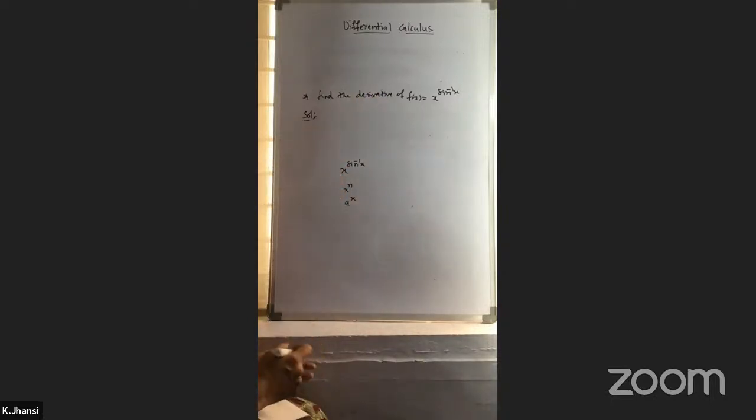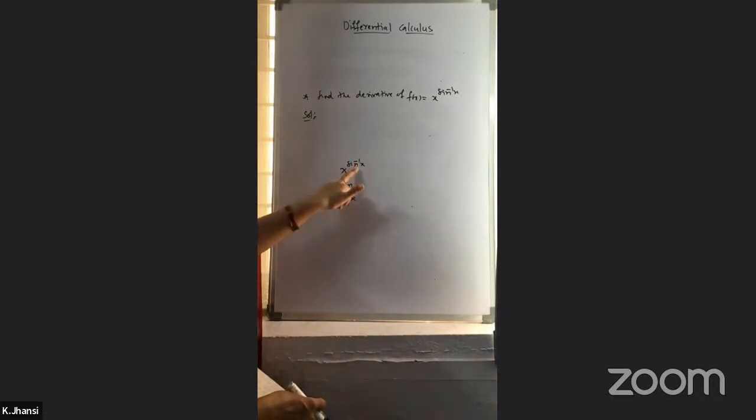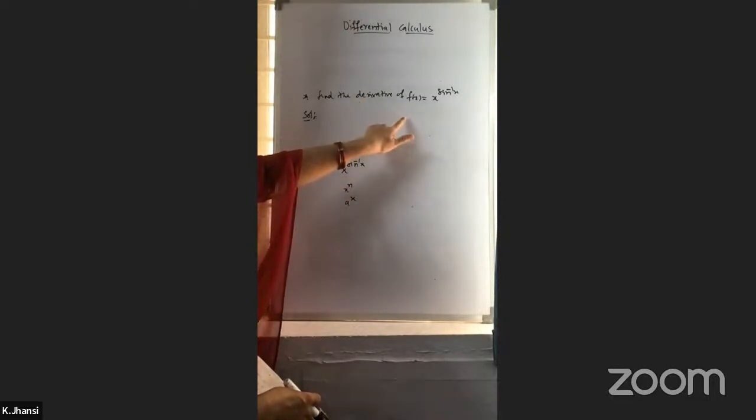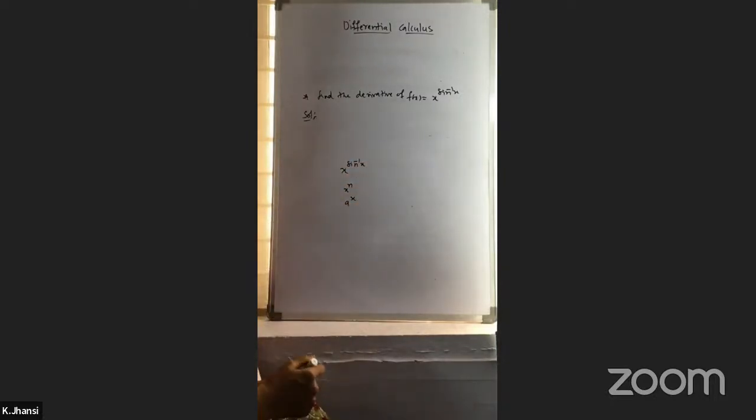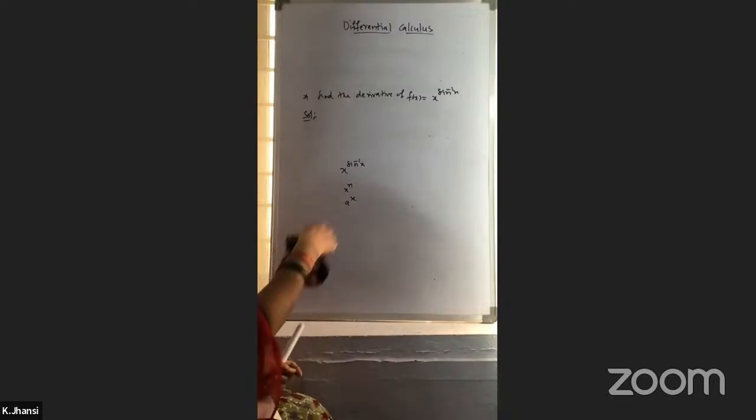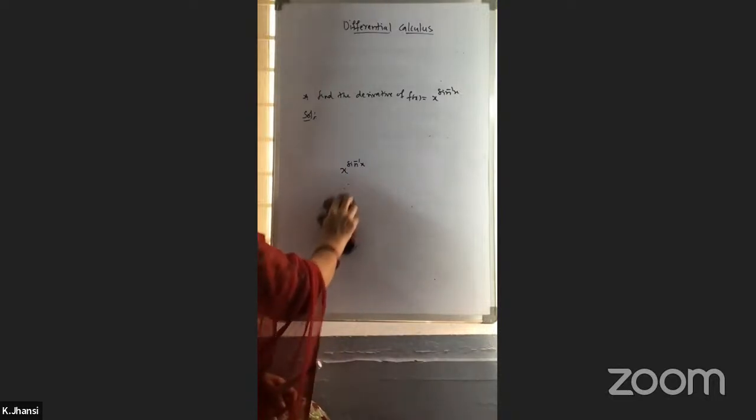Whenever such problems are there, which are in the form of function to the power of function, we have to apply the logarithm on both sides. Then it will be converted into a simple form. Then you have to do the differentiation. A direct formula is not there for such problems.